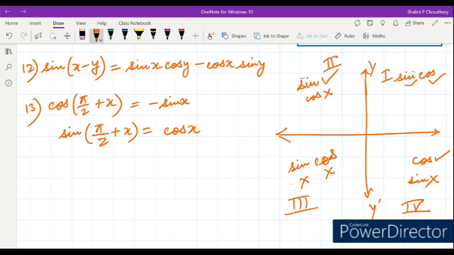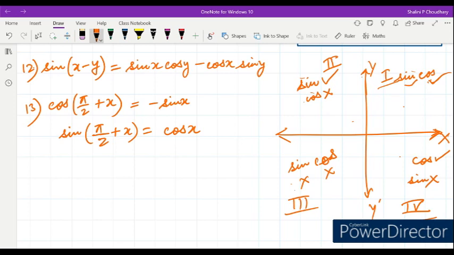Now see, cos depends on the x-axis, so cos is positive in the first and fourth quadrant, because the x-axis is positive there. And the y-axis is positive in the second and first quadrant, that's why sine is positive in the first and second quadrant.